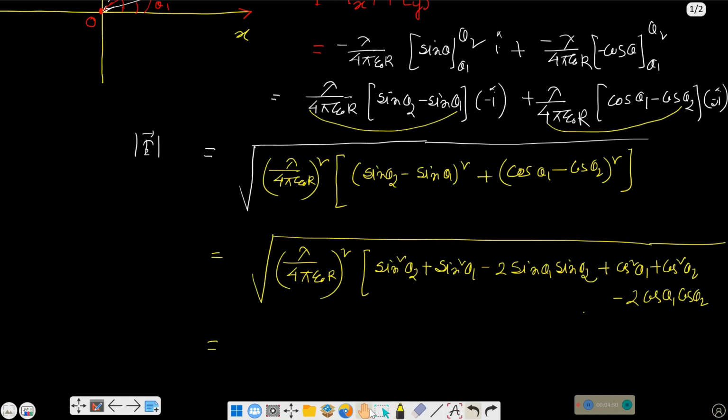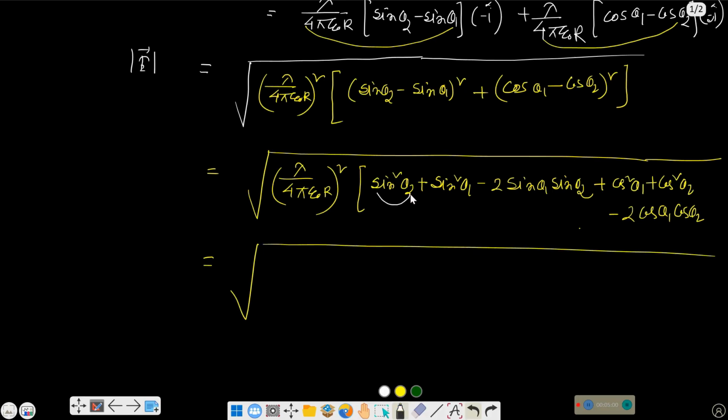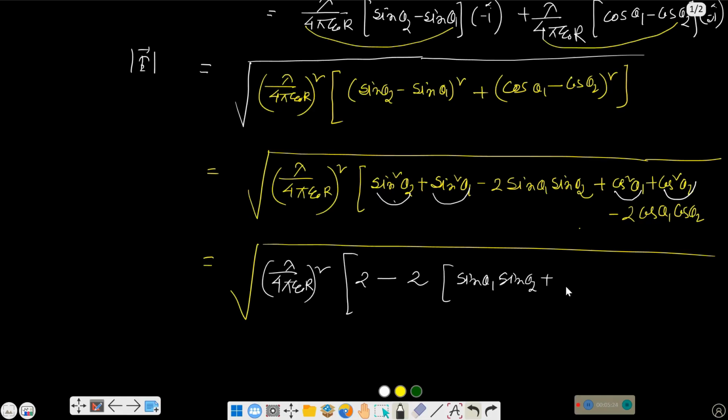So this will give us, if you see sine square theta 2 plus cos square theta 2, this will give you 1, and again sine square theta 1 plus cos square theta 1, this will also give you 1. So it will be lambda by 4 pi epsilon naught r whole square. In the bracket we will have 1 plus 1, 2, minus, taking 2 common, sine theta 1 sine theta 2 plus cos theta 1 into cos theta 2.